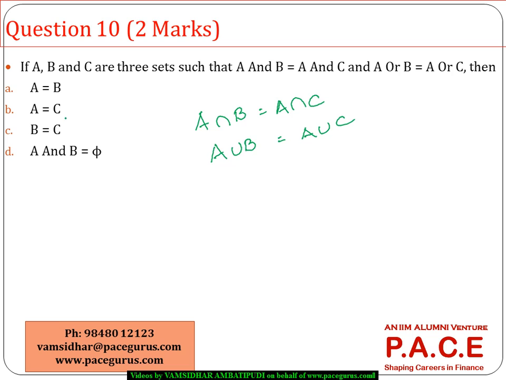So this directly gives us that C is the answer, because if A union B equals A union C and A intersection B equals A intersection C, then both the values of B and C should be more or less the same, which means I am marking the option choice C as the answer here. Alright. Let's move to the next question then.